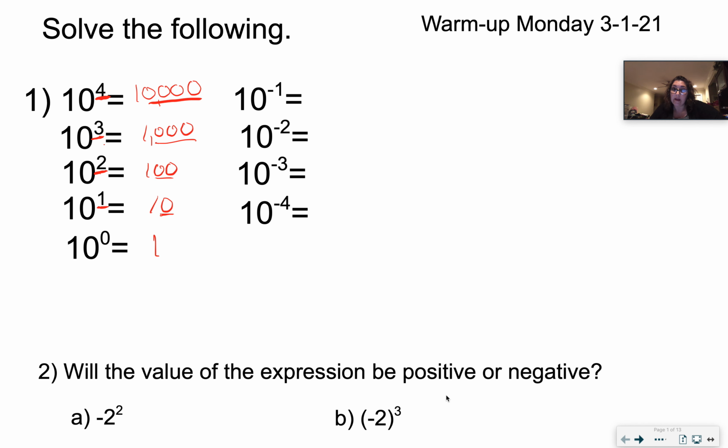All right? And so if you look at this other column here, notice that all of my exponents are negative. So I have 10 to the negative 1st, 10 to the negative 2nd, 10 to the negative 3rd, 10 to the negative 4th. Well, I know that 10 to the 1st is 10, but because it's a negative number, I have to think what's going to happen to my number.